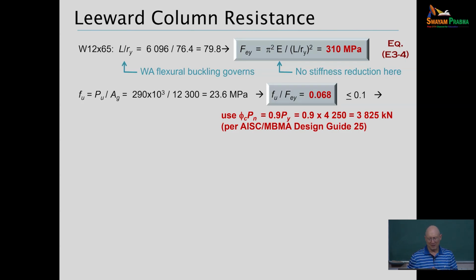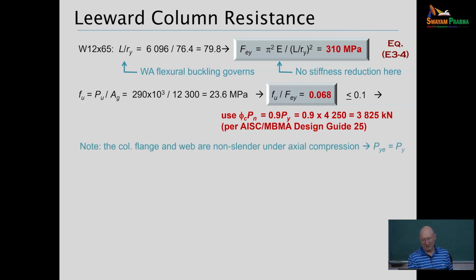If your axial load level is less than 10% of the yield load level in the column, you can just use the cross-section strength, which in this case is yield load. So a phi factor 0.9 on yield load, so 3,825 kilonewtons.